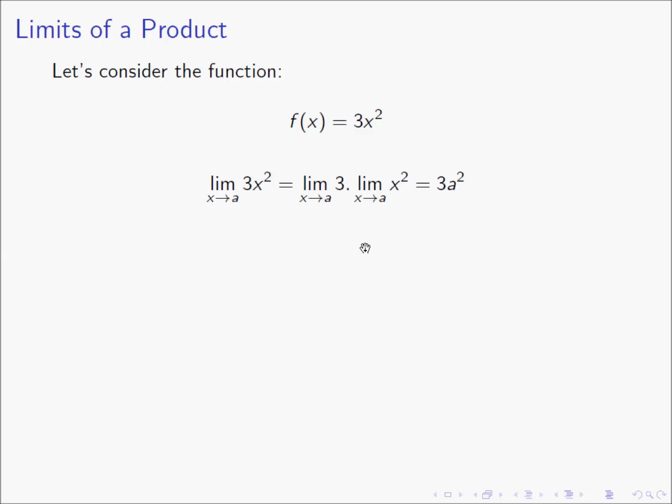So this is easy. And another property that we can deduce from this is that when you have a constant multiplying another function, you can take the constant out of the limit sign. If you do that here, you'll get the same result.